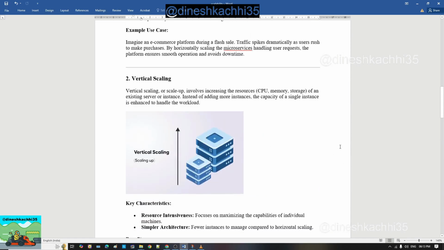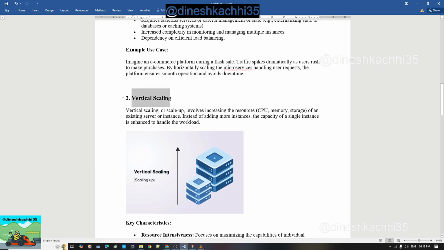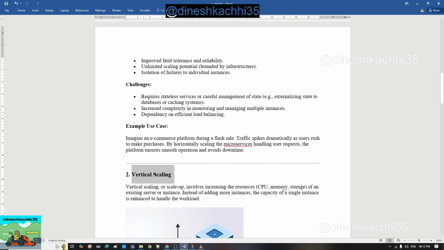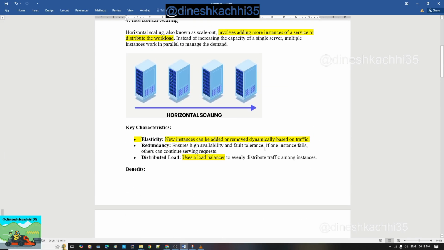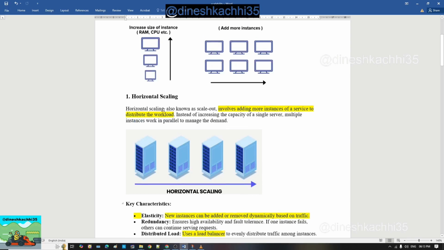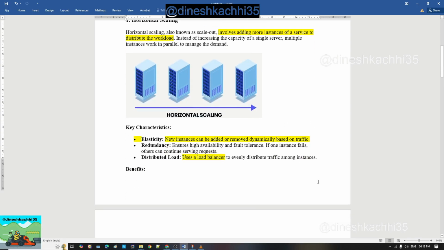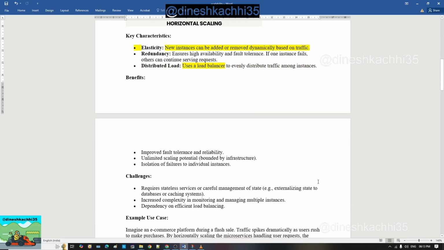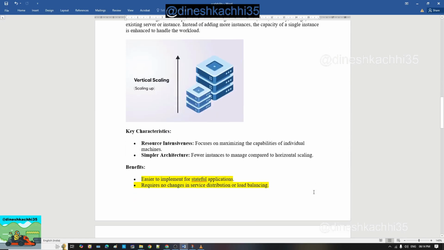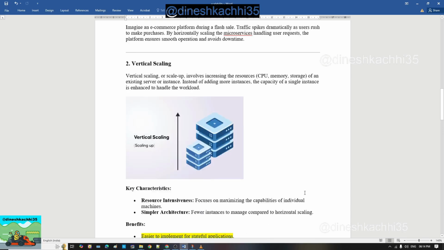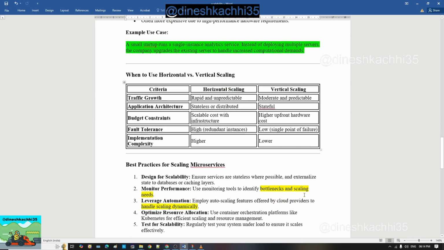So there are two types of scaling: vertical scaling and horizontal scaling, and generally in most cases we use horizontal scaling. You have seen in your project or any application, many instances are created in parallel, and they are using horizontal scaling, not vertical scaling.